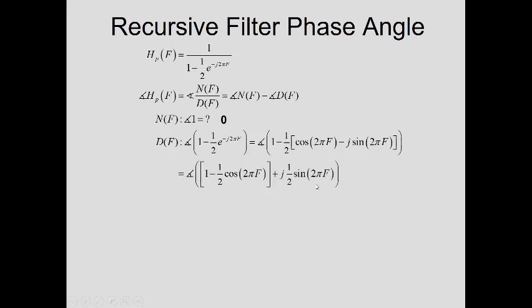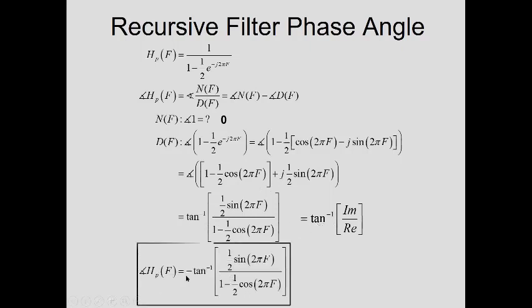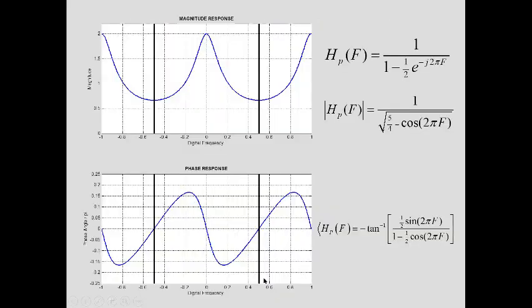You have the real part and the imaginary part. Looks like we'll have to use an inverse tangent for that. So this angle is the inverse tangent of the imaginary part over the real part. Because it's in the denominator, we're subtracting it. And so the total phase is going to be the negative of that inverse tangent. And when we plot those two functions, they look like this.